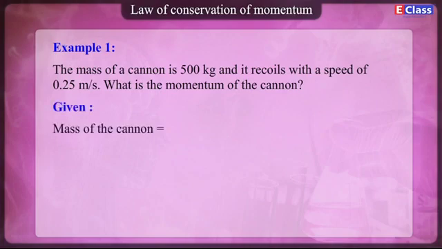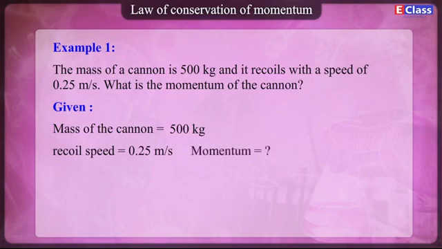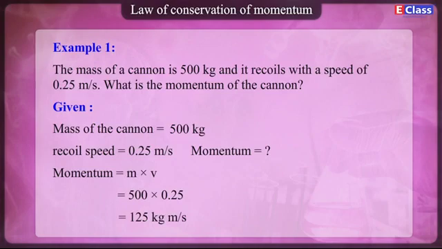Given, mass of the cannon is equal to 500 kilograms, recoil speed is equal to 0.25 meters per second, momentum is equal to how much? Momentum is equal to m multiplied by v, which is equal to 500 multiplied by 0.25, which is equal to 125 kilograms meter per second.